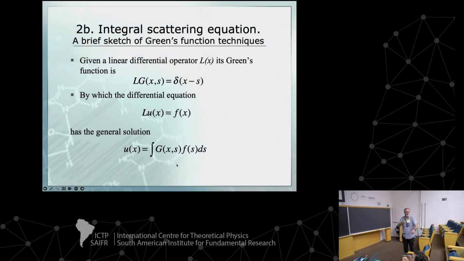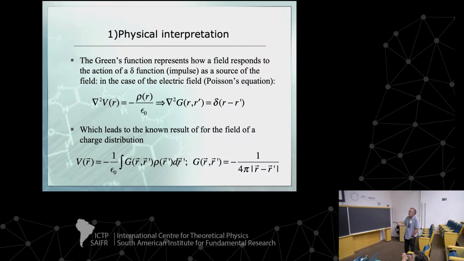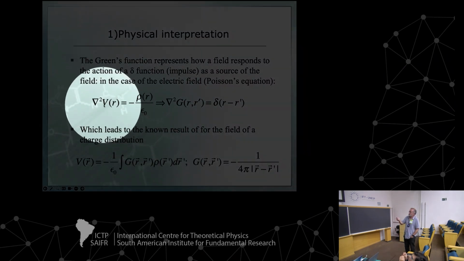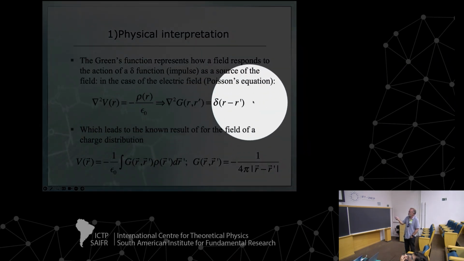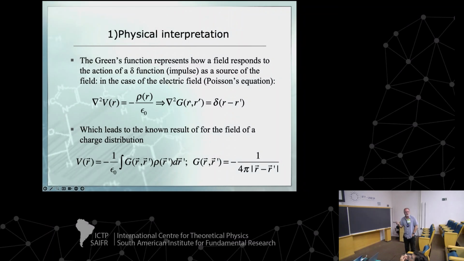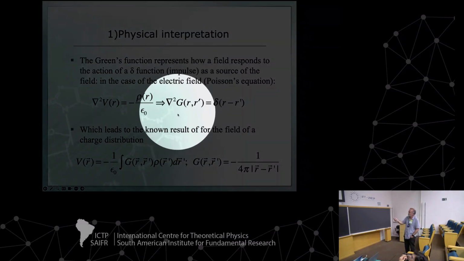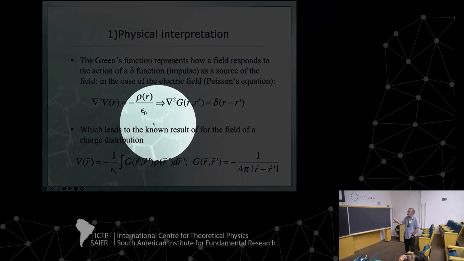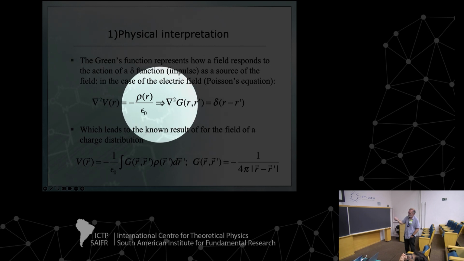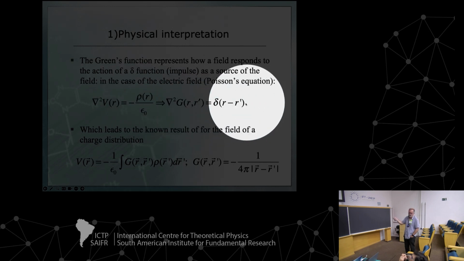Well, so far we only have changed things and renamed expressions. Practically, it seems that we haven't done anything, right? For instance, Poisson's equation would be the response to a point charge. That means G of r is just the delta. That means that the charge density is a delta function.